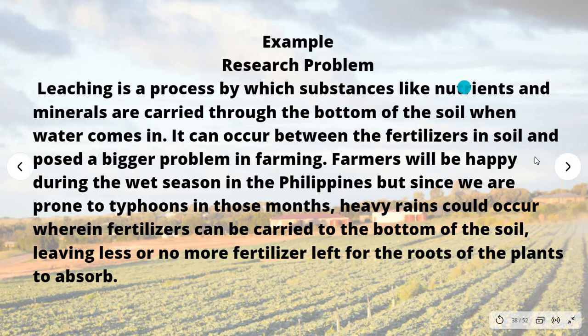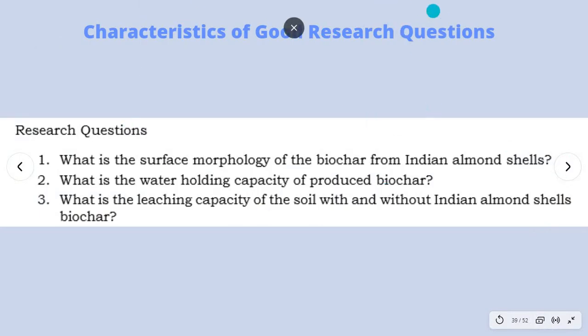So nakita na nimo ang unfavorable condition sa imong community, you then formulate your research questions on what you could do about this leaching problem. So this is an example of research questions. What is the first question? What is the surface morphology of biochar from Indian almond shells? So gamit siya specifically Indian almond shells. Gi-biochar niya, and then i-observe niya ang effect ani sa soil quality.